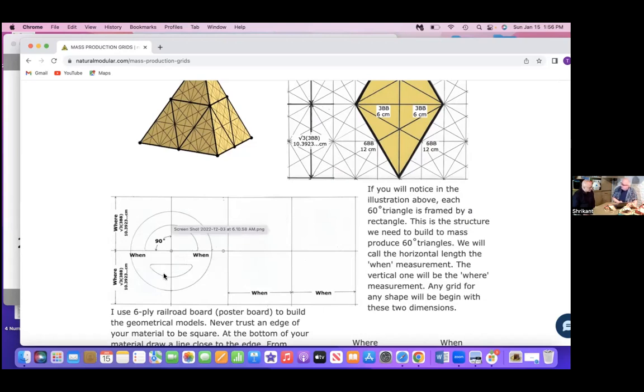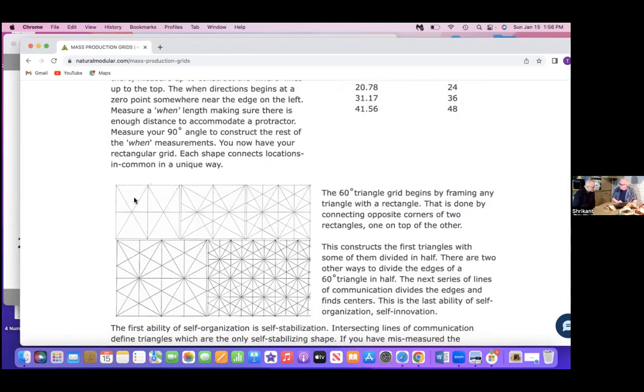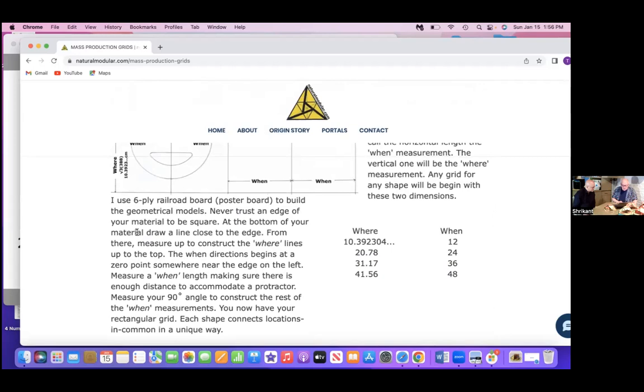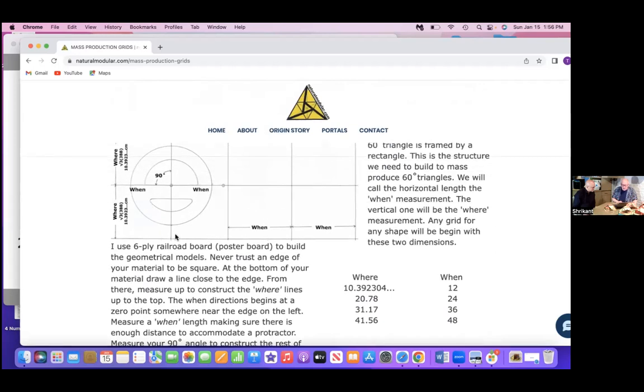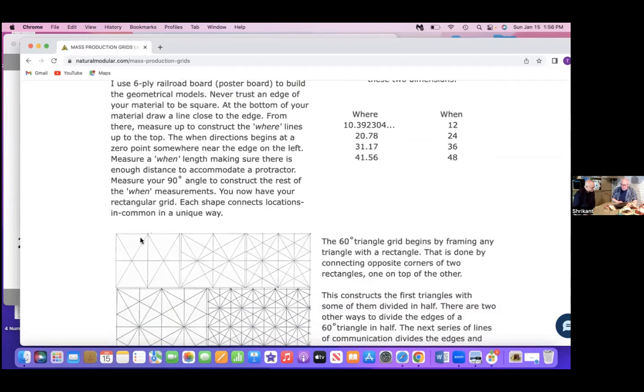When you put that 90 degrees, then that's saying, okay, this grid that exists everywhere is specific to what we need to have happen. So then you do the when. And then it's just a matter of, for the 60-degree triangle, you can see that each one of these rectangles here has a 60-degree triangle inside of it. So what you do is you connect one corner to the opposite corner and the second one.